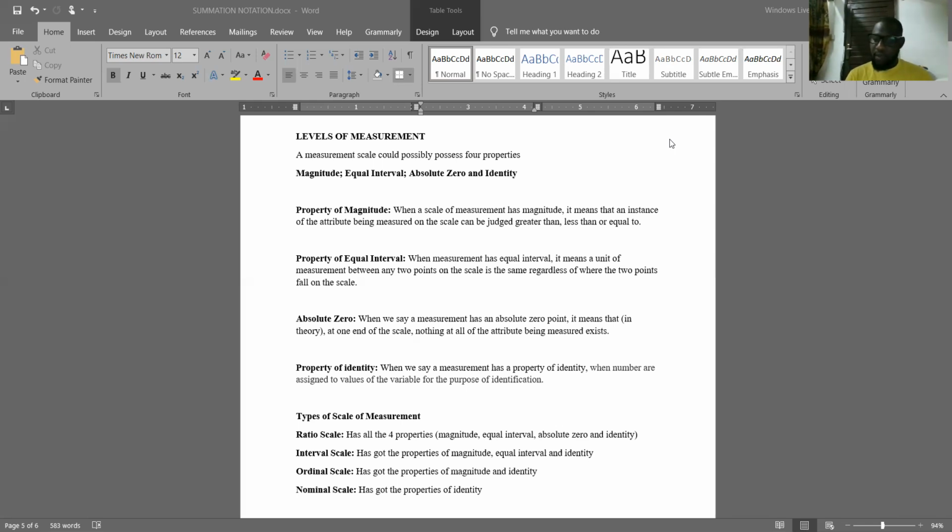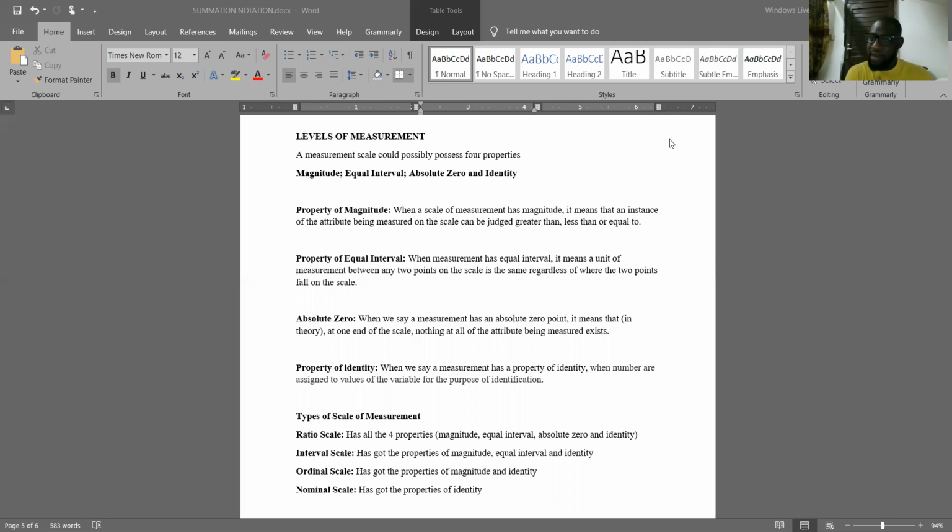But in situations whereby Accra to Cape Coast is 150 km, and we are able to also decipher and know that Accra to Volta region is also 150 km, then we can say the distance from Accra to Cape Coast is the same as or equal to the distance from Accra to Volta region.